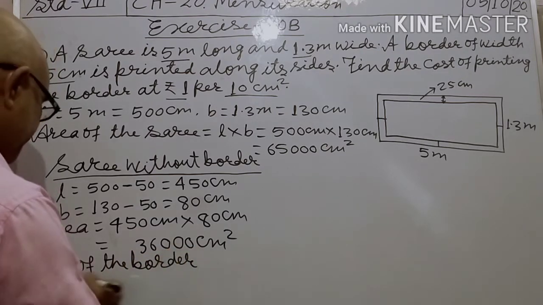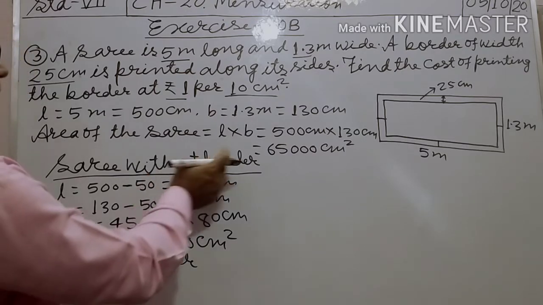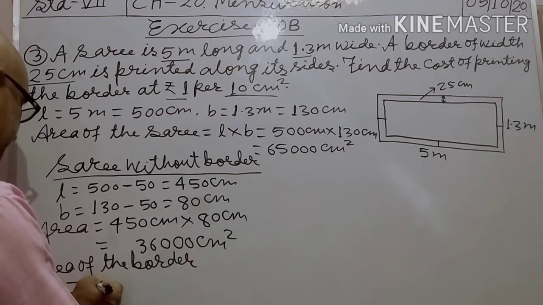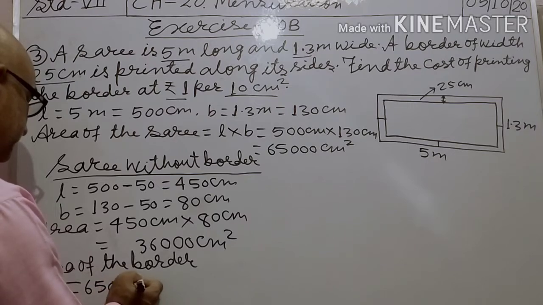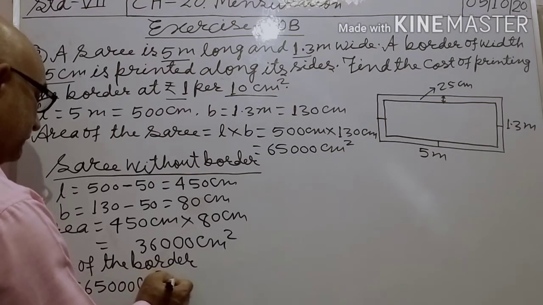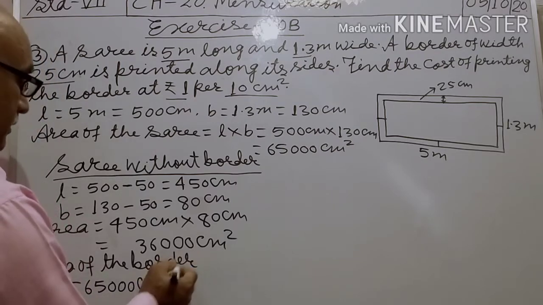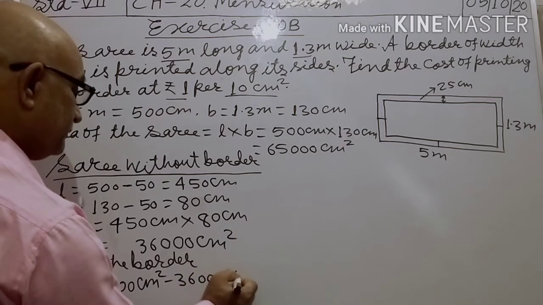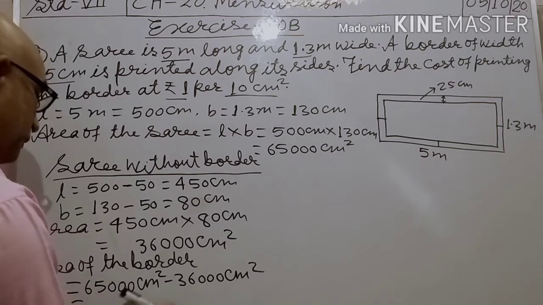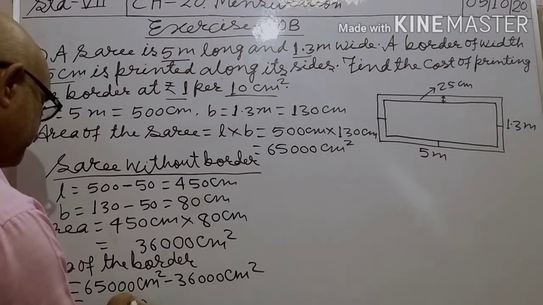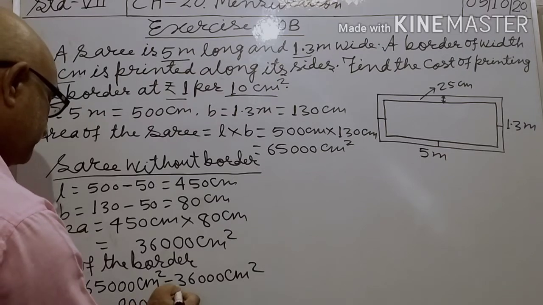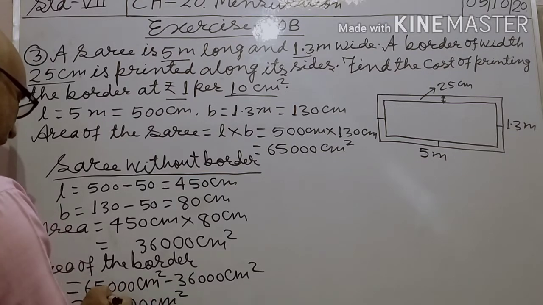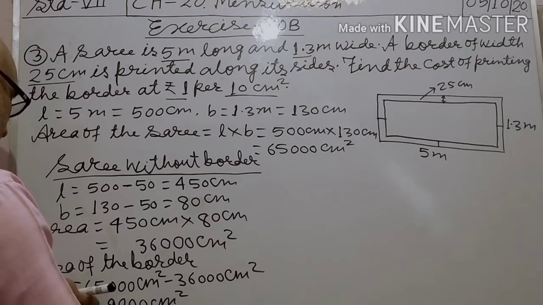Area of the border equal to 65,000 cm square minus 36,000 cm square equal to 29,000 cm square. 15 minus 6, 9, and 5 minus 3, 2.